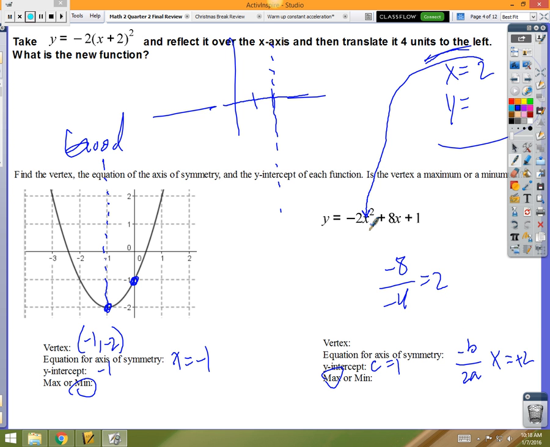So positive 2 times 2 is 4 times negative 2. That's still negative 8. But a positive 2 times 8 is positive 16. So a negative 8 and a positive 16 is just 8. And 8 plus 1 is 9. There we go. That's better. So your vertex happens over 2, up 9.